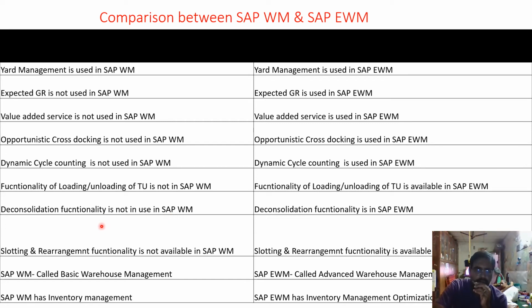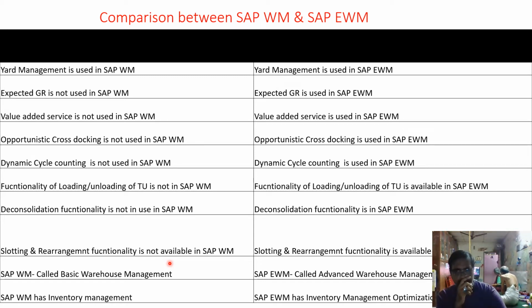And then we have slotting and rearrangement functionality. Those advanced features are not available in SAP WM. But I heard that bin slotting or a kind of bin sorting is available in WM, though it needs more expertise. When I was working with one client, we worked on bin sorting, and sorting is a customized thing.